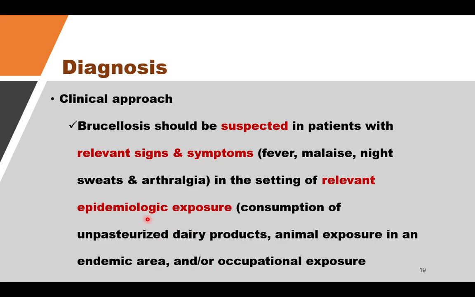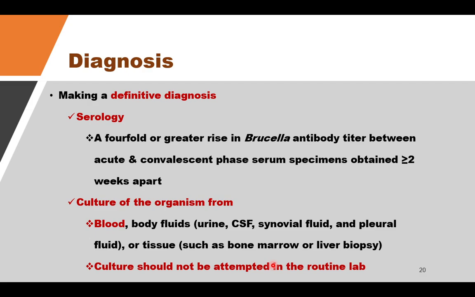But what will make me put my brucellosis on top? Consumption of unpasteurized dairy products, exposure to animals in endemic area, or occupational exposure. But you know that clinically I cannot differentiate between brucellosis and TB. So if I want a definitive diagnosis, then I have to send samples to the lab to back up my suspicion.